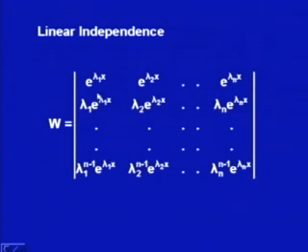So, now if I go to solve this determinant, we will find that from the first column I can take common e to the power lambda 1 x, from the second column e to the power lambda 2 x and so on, the last column e to the power lambda n x, that is e to the power lambda 1 plus lambda 2 plus up to lambda n, times x.